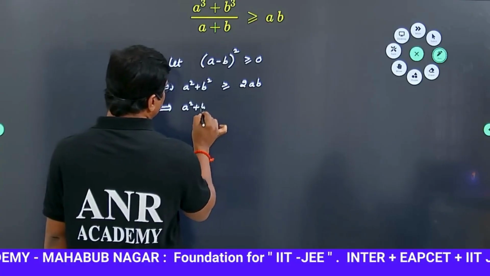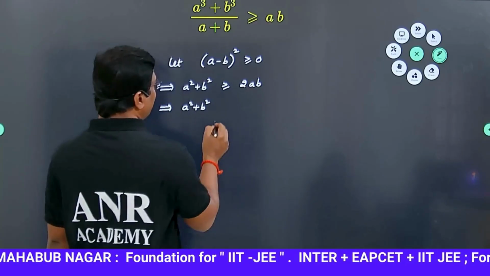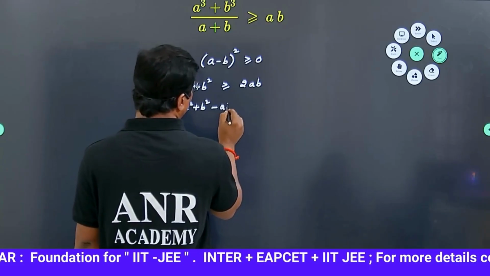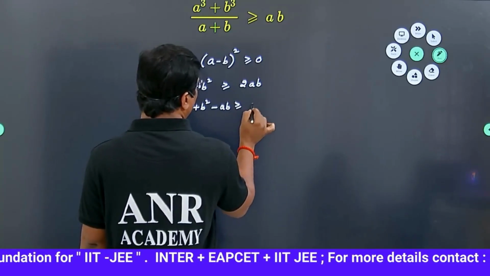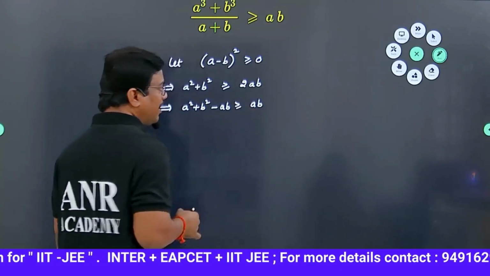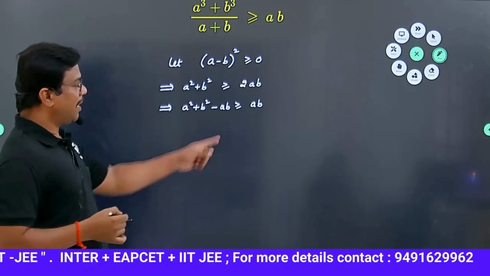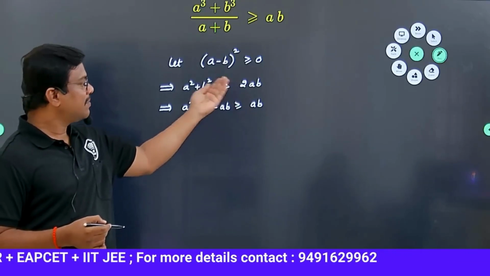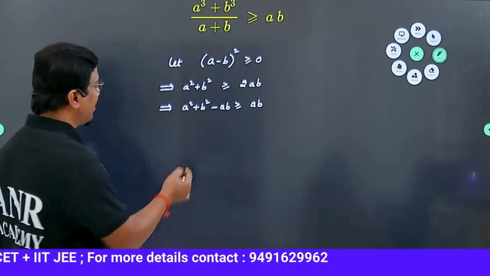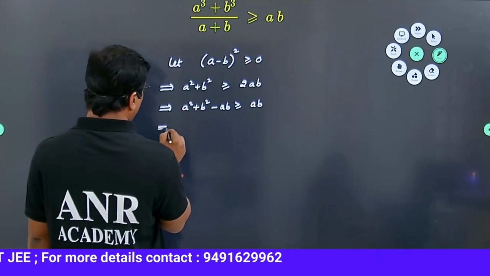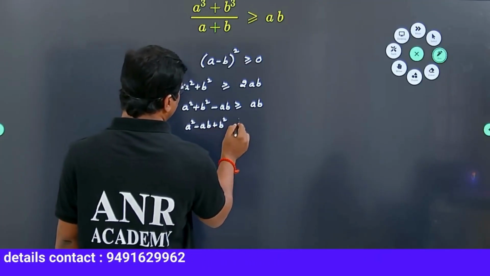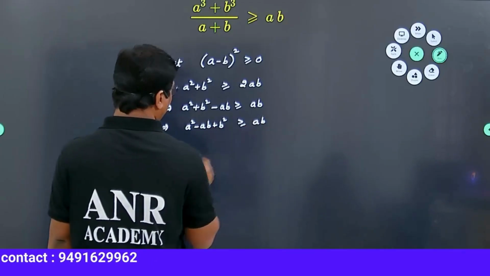In a² plus b², 1ab here itself, and one more ab in the right part I am writing. There are 2 times ab in the right part. Transfer 1ab into the left, you will get this result, and I can write this as a² minus ab plus b² greater than or equal to ab.